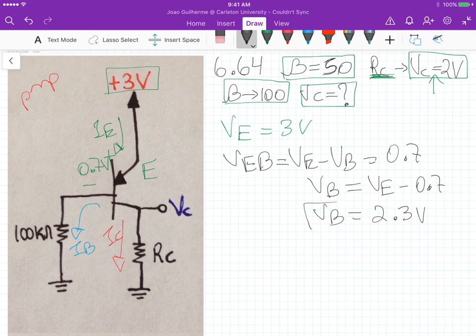So this voltage VB at this node here is this value. Let me put it in blue here.